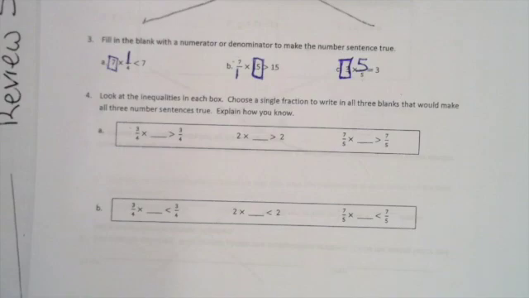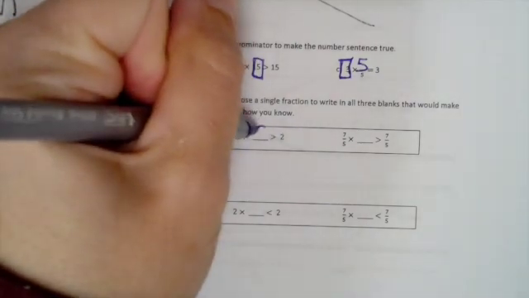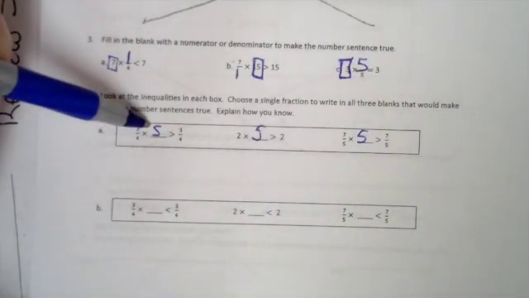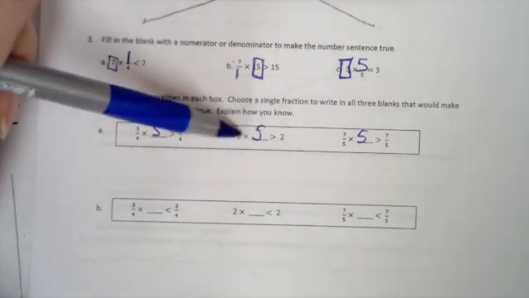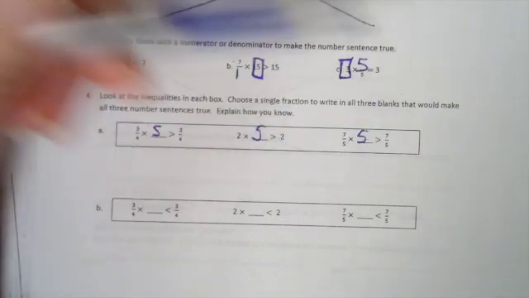Any improper fraction or any whole number would work. So I'm just going to use 5. 3/4 times 5 is going to be greater than 3/4. 2 times 5 is going to be greater than 2. And 7/5 times 5 is going to be greater than 7/5.